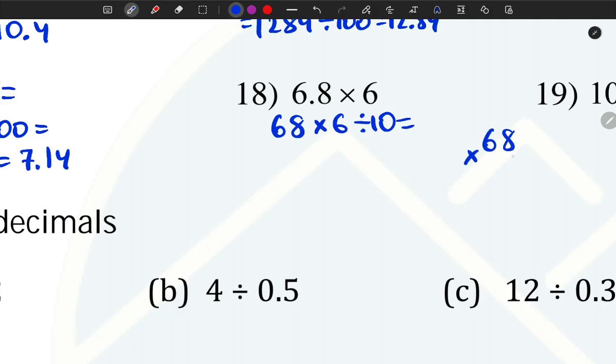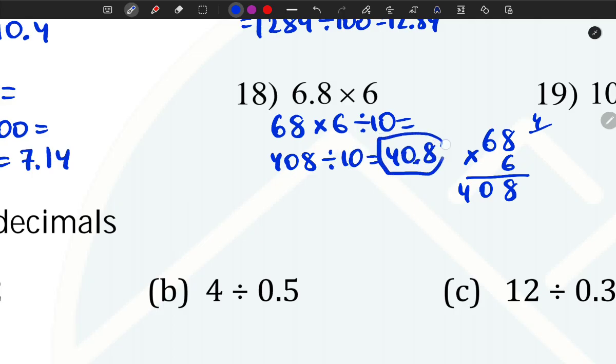68 multiplied by 6. First we multiply 6 by 8, we get 48. We write here 8, 4 in our mind. 6 by 6, 36, plus 4 in our mind, we get 40. And it gives us 408 divided by 10, 40.8.